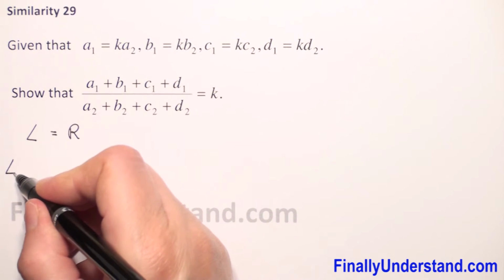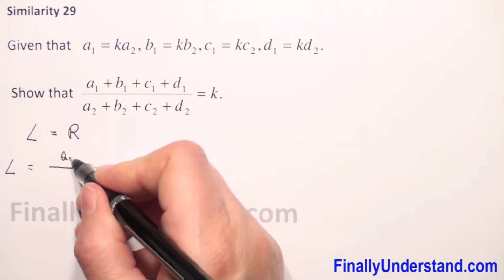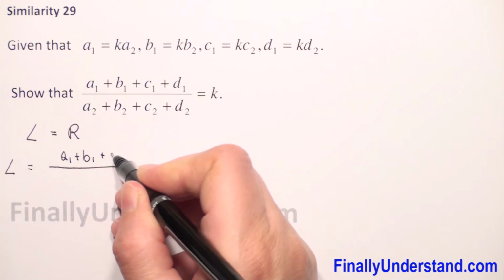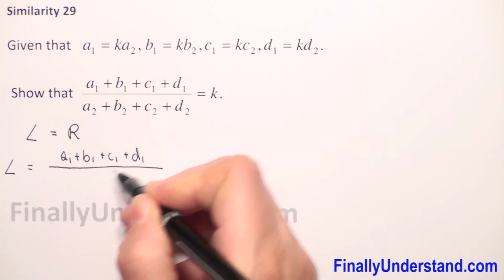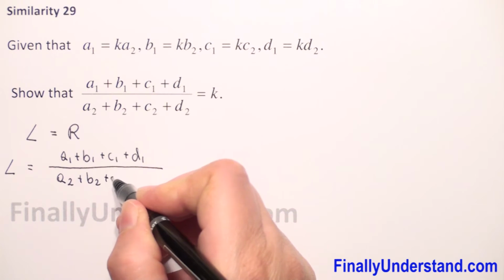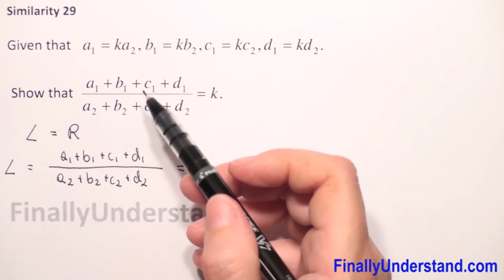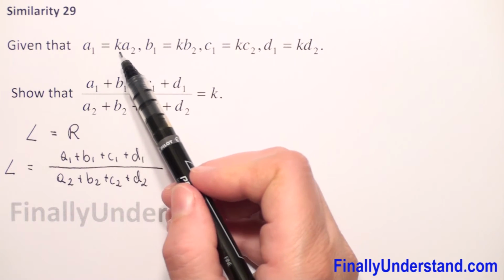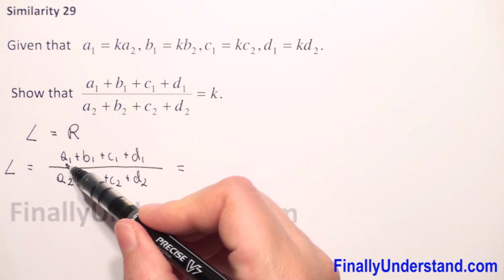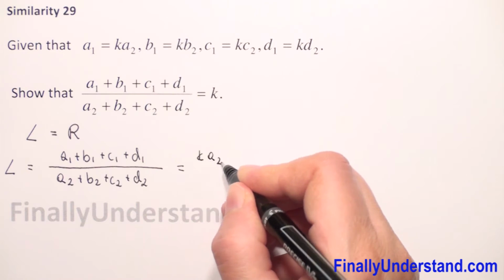So let's start from the left side. The left side, let me copy. We have A1 plus B1 plus C1 plus D1 over A2 plus B2 plus C2 plus D2. Now we are also given that A1 is K times A2, so we can substitute A1 by K times A2.